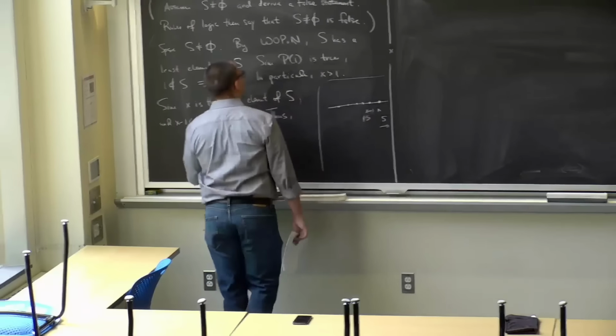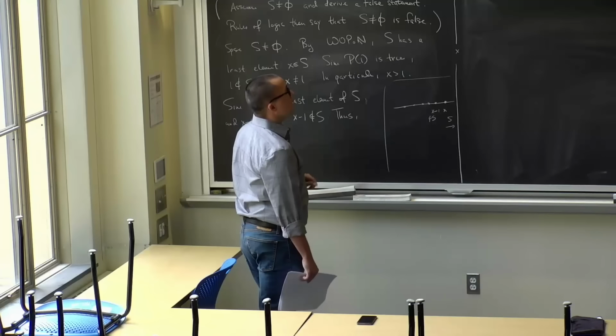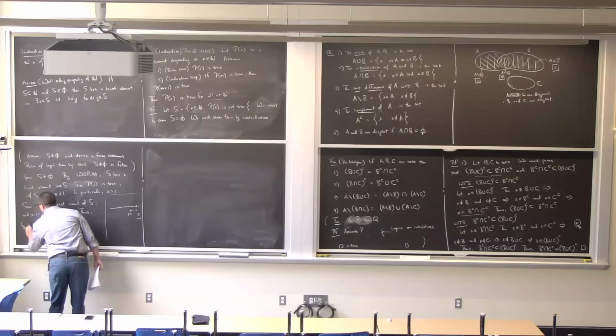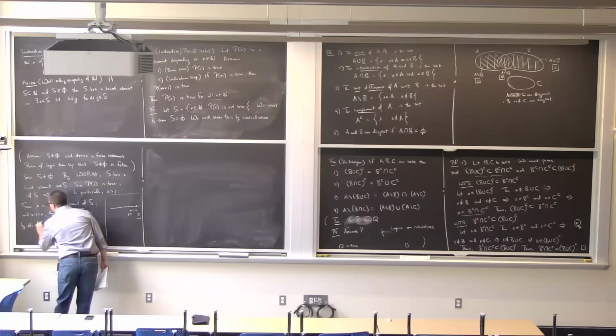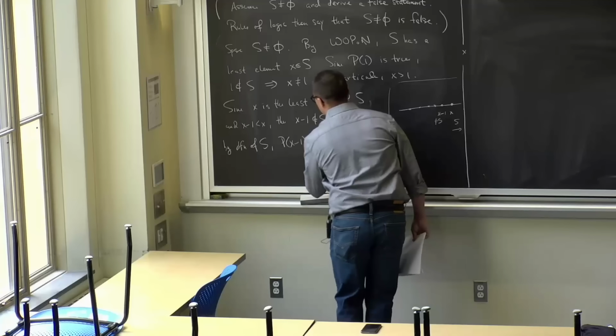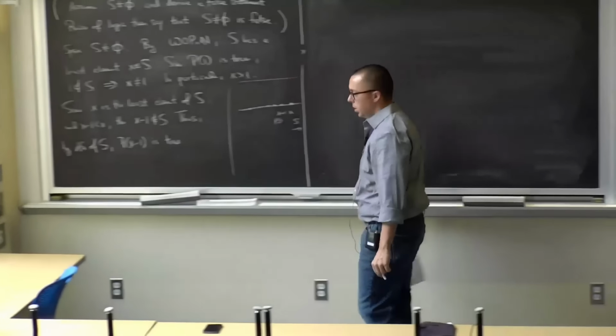So thus, what does it mean to not be in S? It means that P of X minus 1 is true. By the definition of S, this means P of X minus 1 is true. Okay?